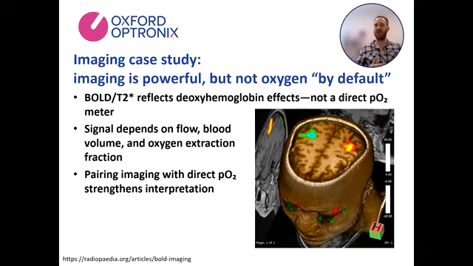BOLD and related MRI signals reflect deoxyhemoglobin effects, so they're shaped by flow, blood volume, and oxygen extraction fractions. That's why tissue pO₂ measurements with imaging studies can be so helpful. They provide you an anchor so you're not forced to infer physiology from an indirect signal. The next example shows what this looks like when you explicitly link MRI metrics to tissue oxygen.